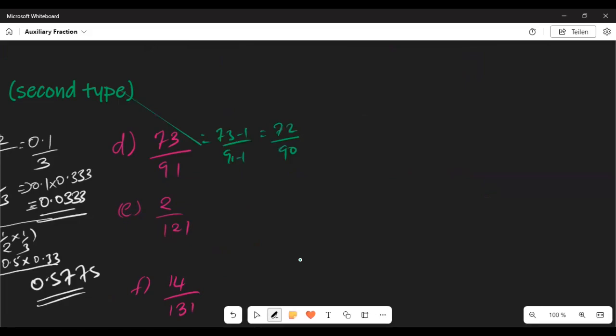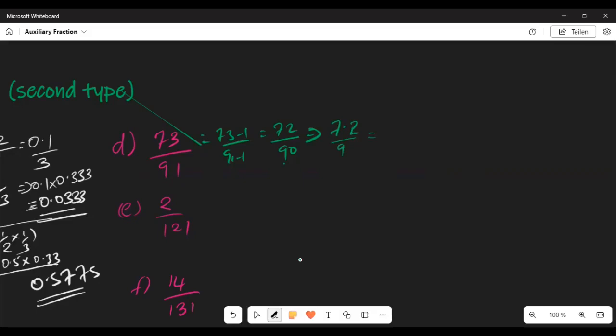This one we can get easily because 9 can go there, so this can be written as 7.2 over 9.